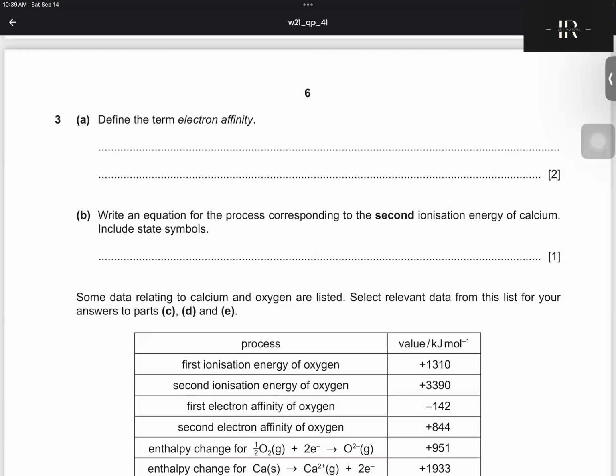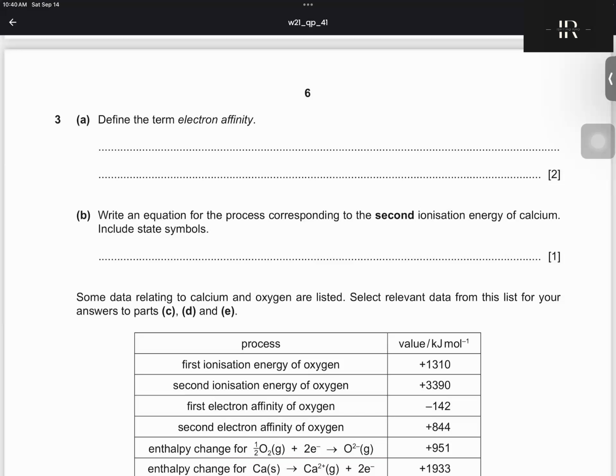Sahil, can you tell me, define the term electron affinity? They're not asking standard electron affinity, enthalpy change of. They're just asking what is electron affinity. This is of 2 marks. Sahil, what do you think? Sir, it's basically how easy an element can gain electrons.